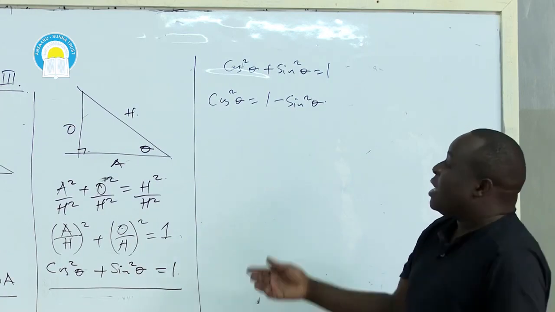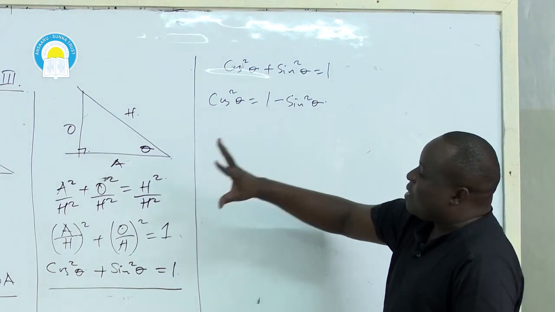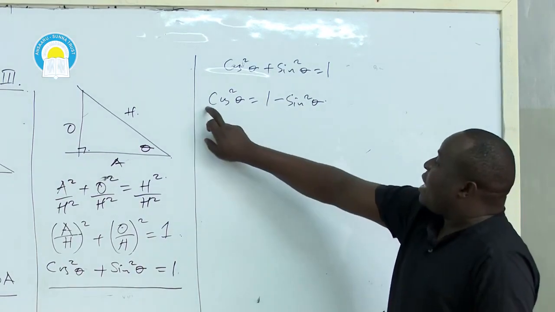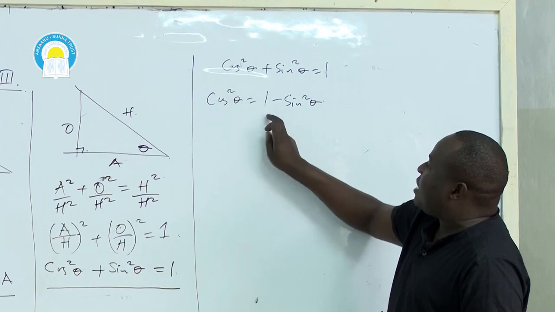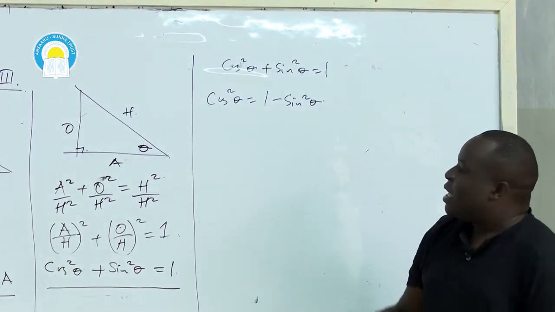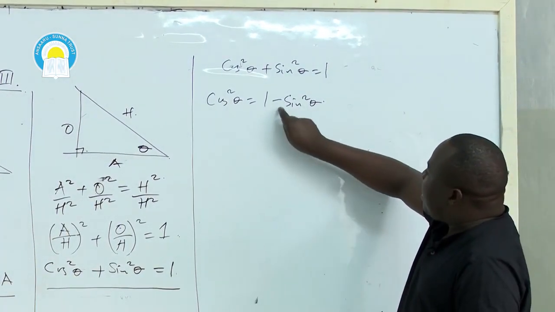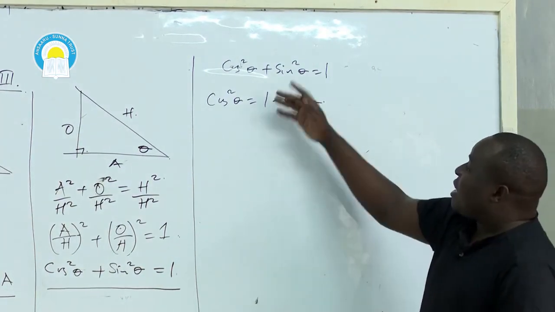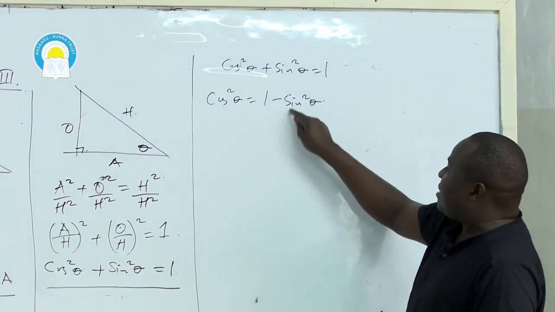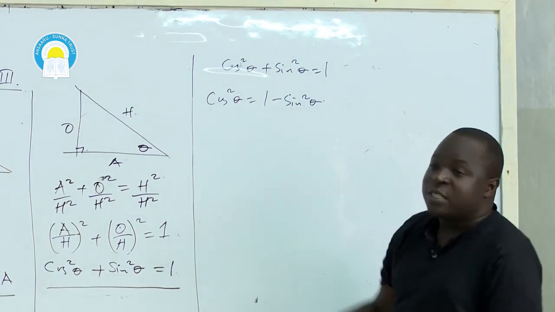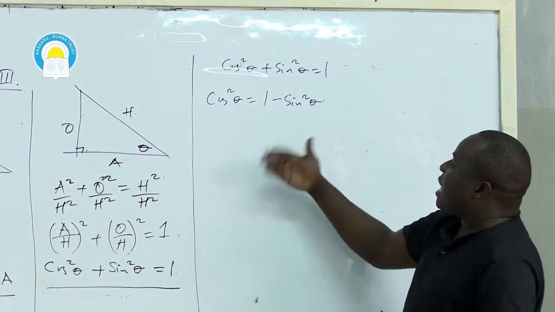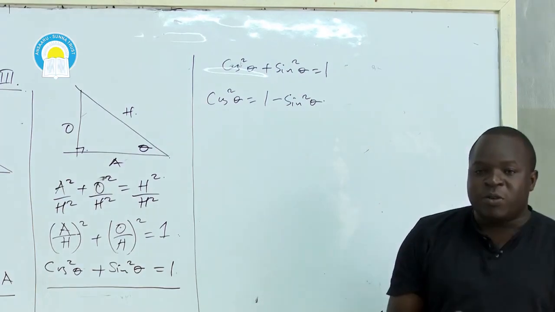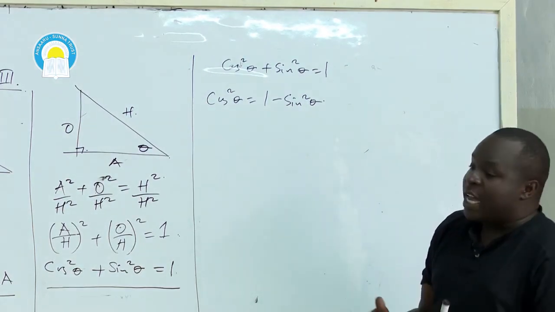It means anytime I see cos squared theta in this topic, and I'm simplifying things, I can think of rewriting that statement with this. Or anytime I have 1 minus sine squared theta, I'll also think of replacing this statement with cos squared theta. A very important thing. It's either you have this but you need this, or you have this and you need this. So you just look at the question and see how it's asked and how you can deal with it.